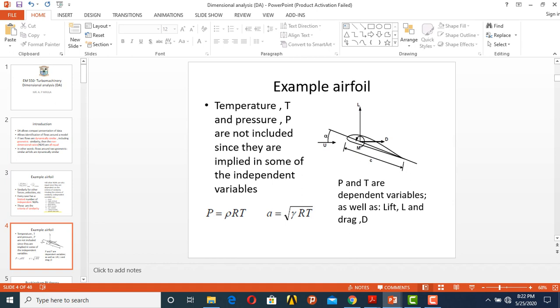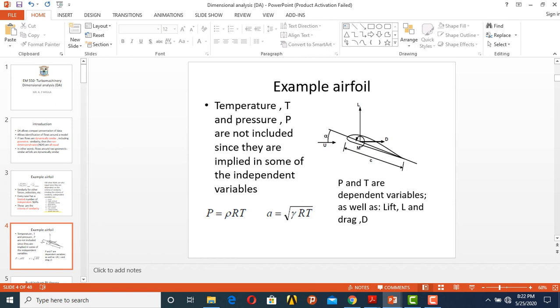So these parameters, or the variables, are the ones which control the operation of this aerofoil, whether to lift or to lower down. So we are interested in parameters like lift, because we want to see it being lifted off the ground to the atmosphere. So the lift is a dependent variable.